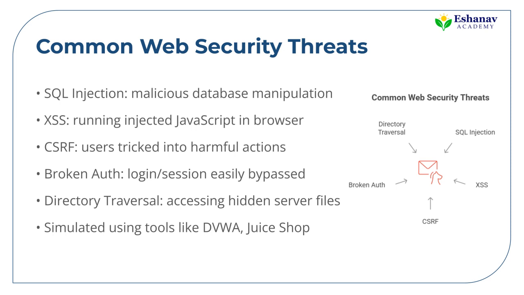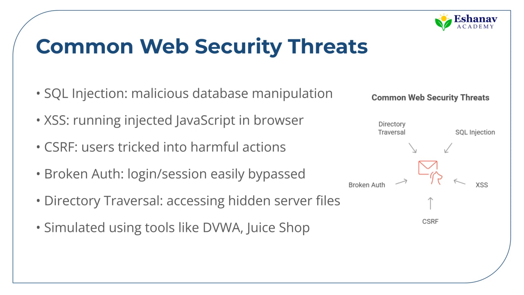Let's explore the battlefield, the actual attacks developers must defend against. SQL injection allows hackers to send rogue queries into your database. XSS, or cross-site scripting, lets them run malicious scripts right inside someone's browser. CSRF, or cross-site request forgery, tricks users into performing dangerous actions without knowing.